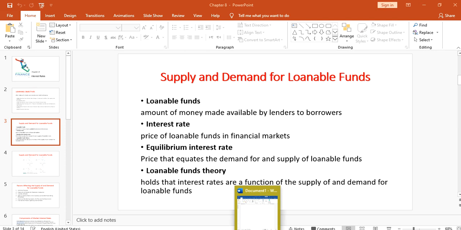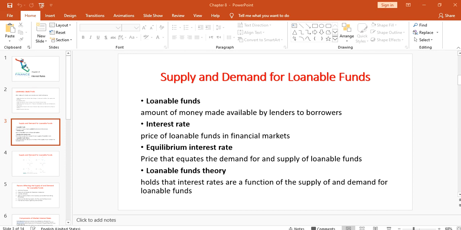Any savings in your pocket or in your bank account, any lender, any creditor wants to lend, no matter to whom, to a bank, to a company, to government. Those volumes of money are called loanable funds.